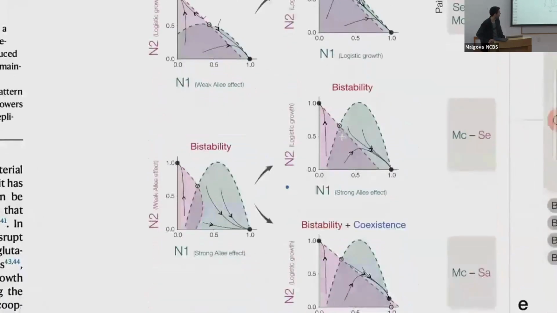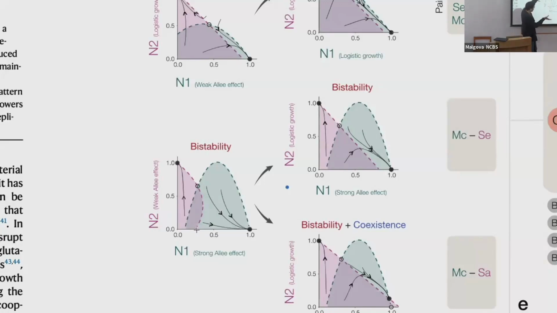Then in other cases, we had a strong Allee effect for one of the species and a weak Allee effect for the other one. This is because for these species, here is the threshold for the Allee effect. So this first species is exhibiting a strong Allee effect.